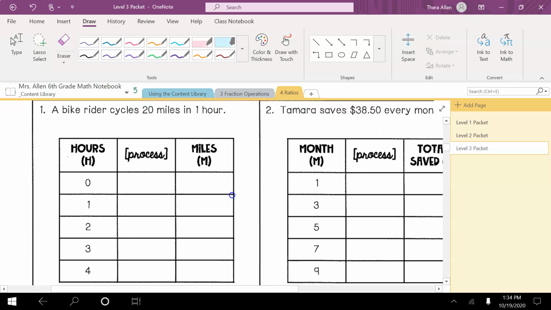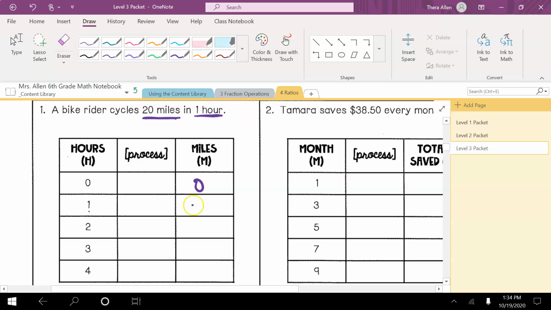In this one, they've given us the information. A bike rider cycles 20 miles in 1 hour. In 0 hours, how many miles is the bike rider going? Obviously 0 miles. But we know that in 1 hour, the bike rider goes 20 miles.